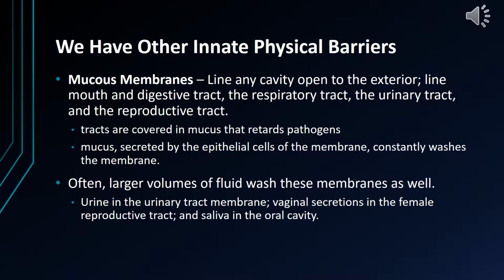And it lines the mouth and digestive tract, the respiratory tract, the urinary tract, and the reproductive tract. And this mucus within these tracts retards the growth of pathogens. The mucus within these membranes is secreted by the epithelial cells of that membrane, and thus we constantly wash the membrane.